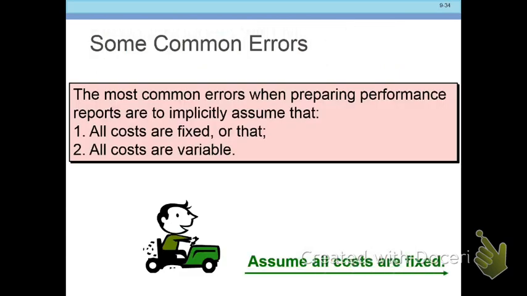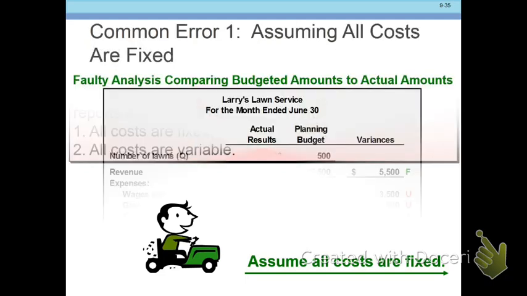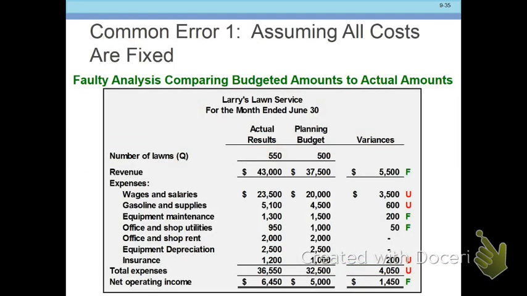Some common errors when you're looking at these reports: the big one is assuming that all costs are fixed or that all costs are variable. If you assume that all costs are fixed, or all costs are variable, it can lead to issues comparing your actual to your budget amount.